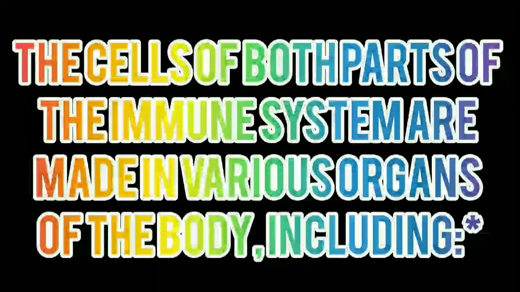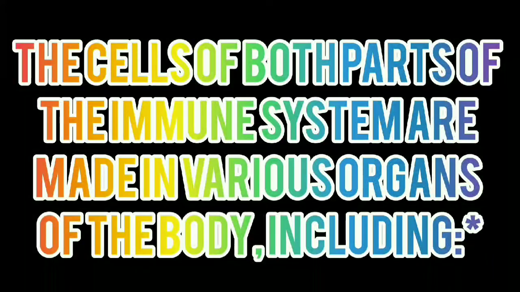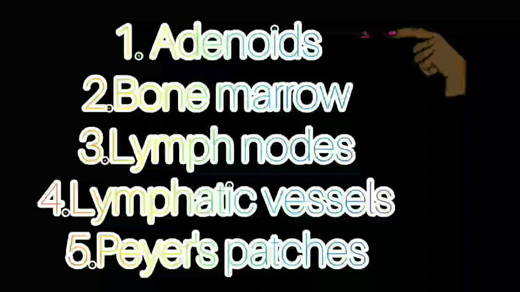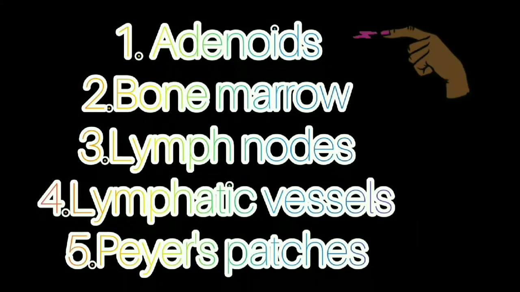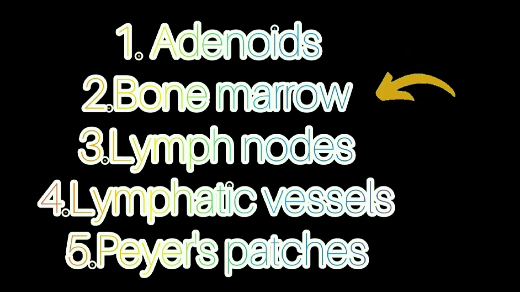The cells of both parts of the immune system are made in various organs of the body, including first, adenoids, two glands located at the back of the nasal passage. Second, bone marrow, the soft spongy tissue found in bone cavities.